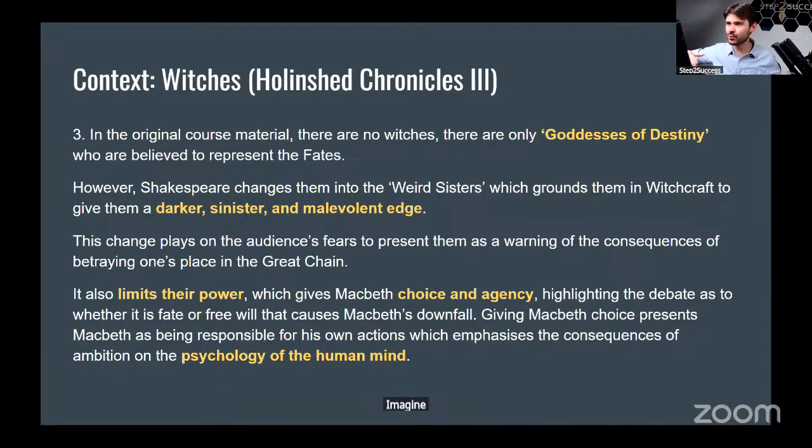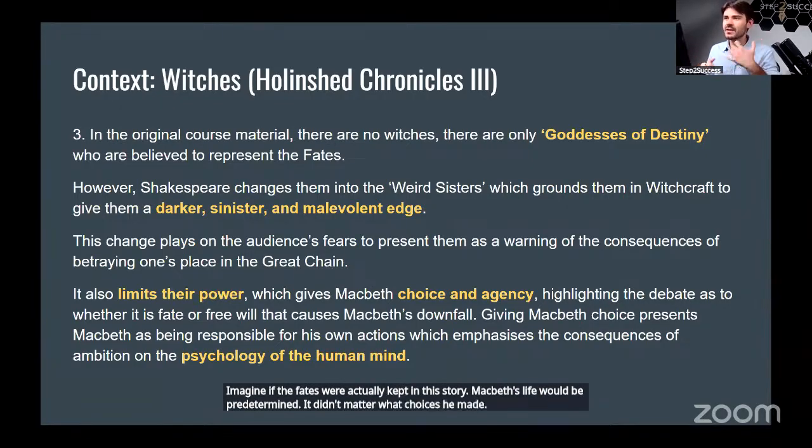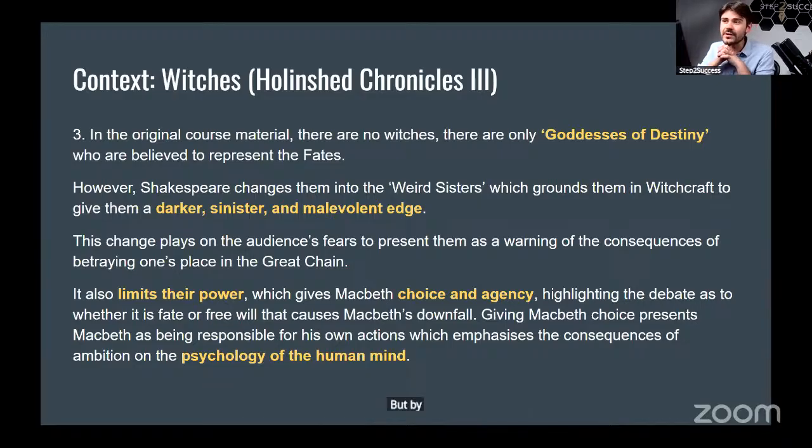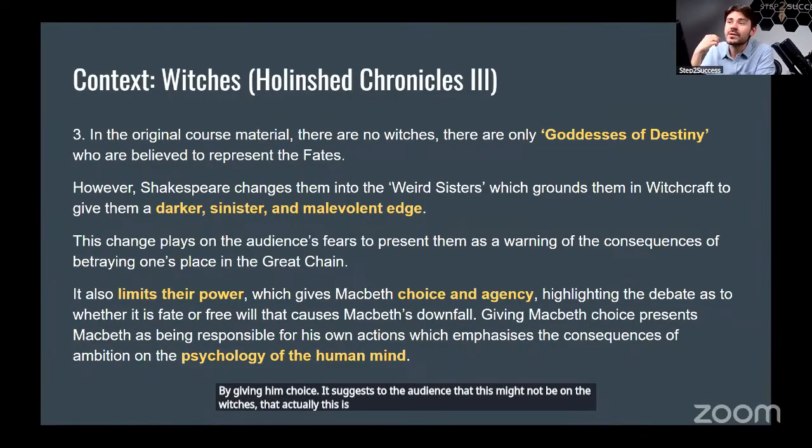Imagine if the fates were actually kept in this story. Macbeth's life would be predetermined. It wouldn't matter what choices he made, he would be sentenced to hellish damnation. But by giving him choice, it almost emphasizes the moral message of the play. It suggests to the audience that this might not be on the witches, that actually this is all human choice.